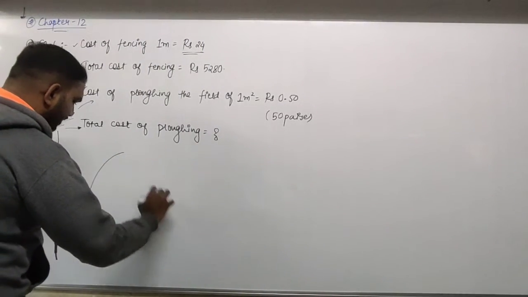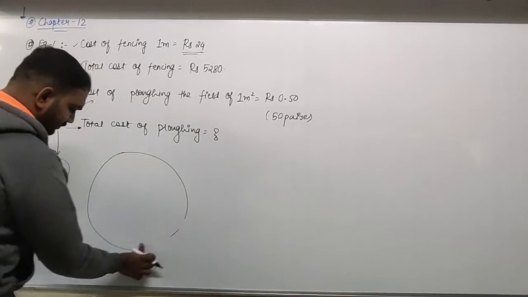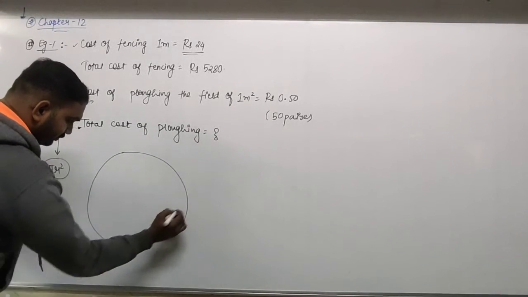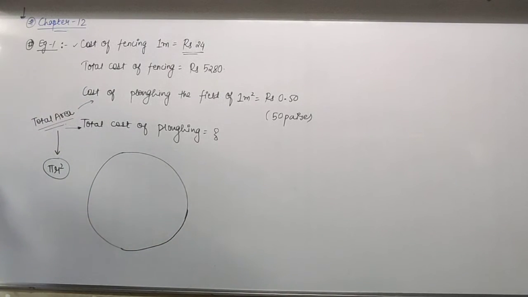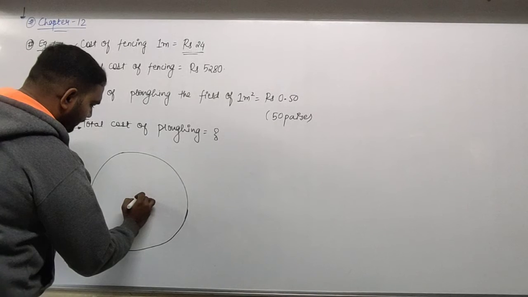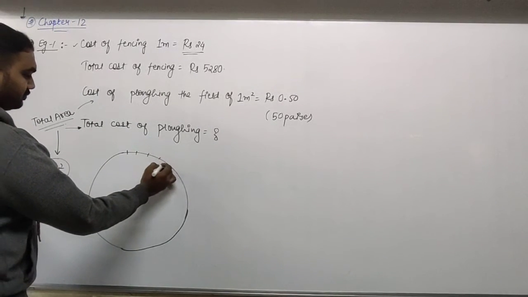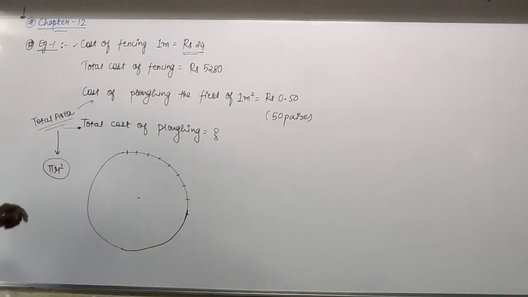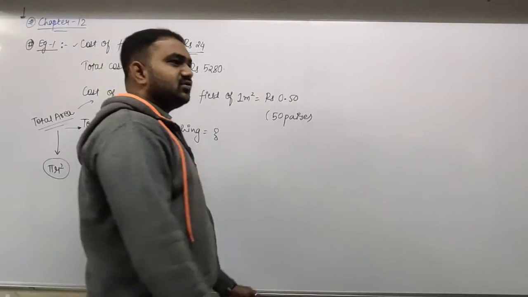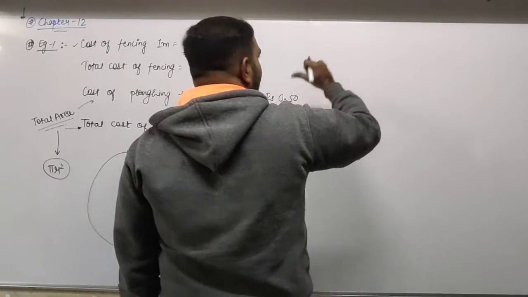Suppose this is the circular field. Fencing, I will fence it here on this. That means I will fence on the circumference of the circle. So what do I get here?